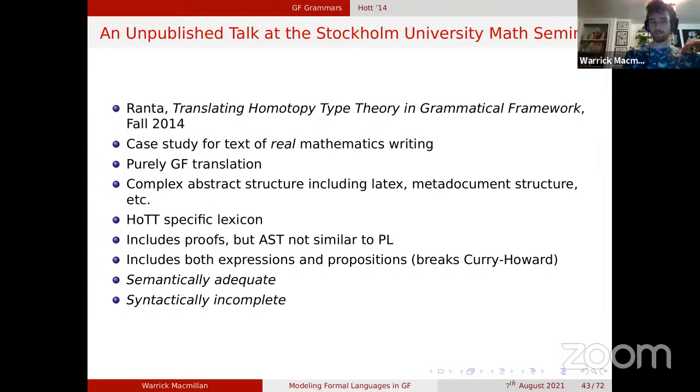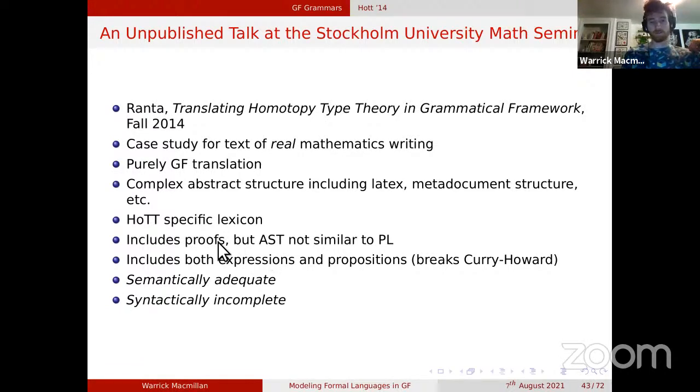So there's no PGF in this grammar. It's just a pretty large abstract syntax. It has LaTeX support, meta document structure, and it has a HoTT-specific lexicon, homotopy type theory, HoTT.